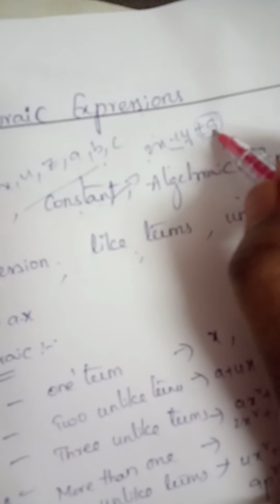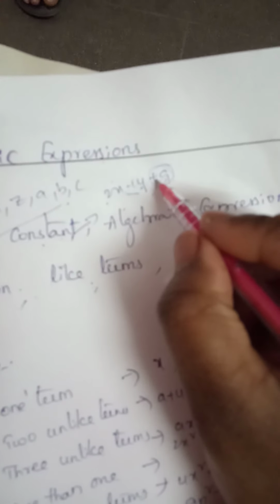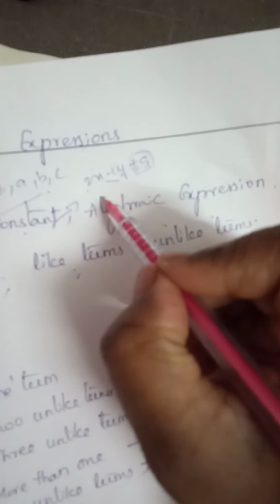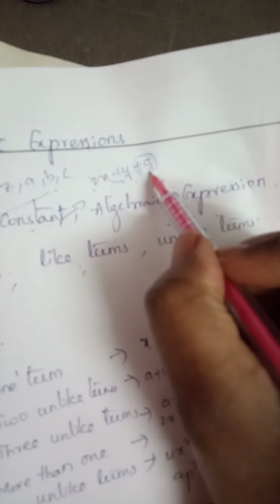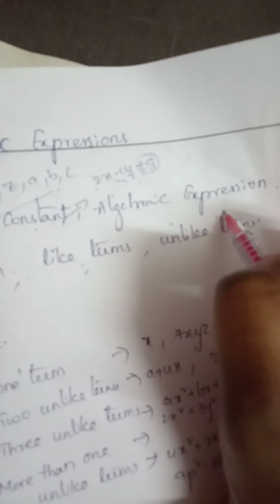Here we see plus and minus signs, and plus and minus signs represent an algebraic expression. In one equation we see the variables and the constant, and the total equation is called an algebraic expression.